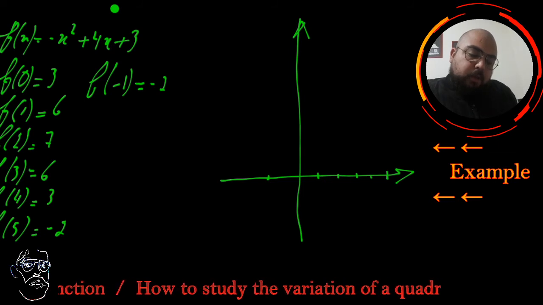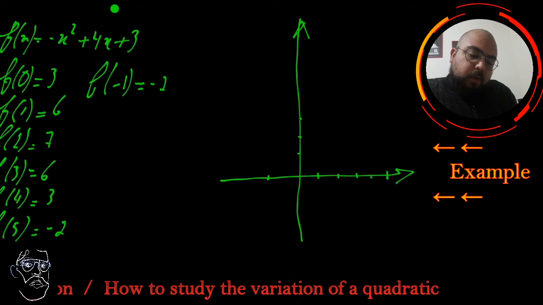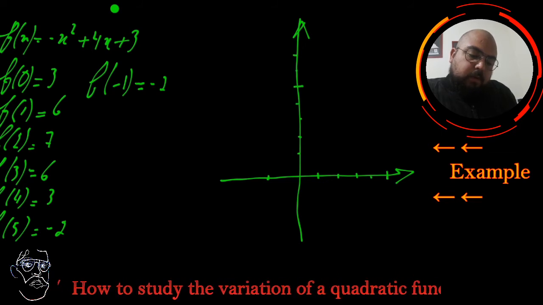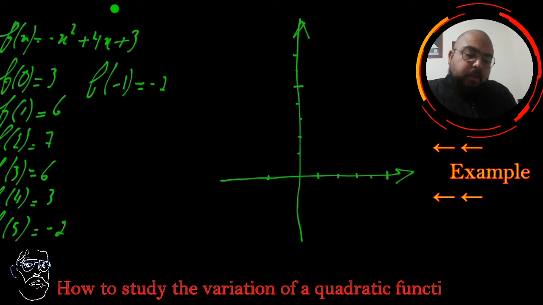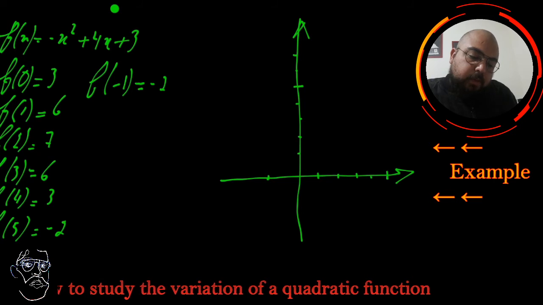And in this case, it will be 1, 2, 3, 4, 5, 6, 7. So the maximum is (2, 7). It will be at this position.